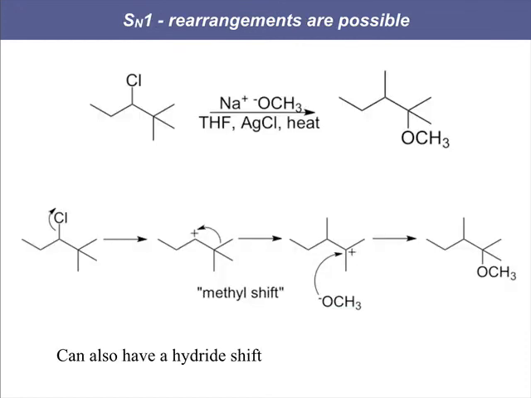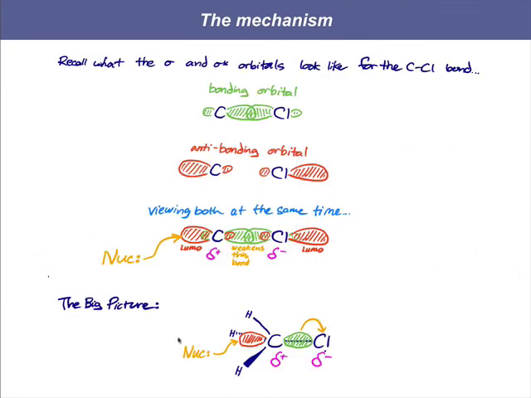Just to show you why, in an SN1, the nucleophile adds to a positive charge. In an SN2, remember, the nucleophile only added to a partially positive charge. So for SN2, the nucleophile needs to be very negatively charged so that it can generate enough attraction to a partial positive charge.